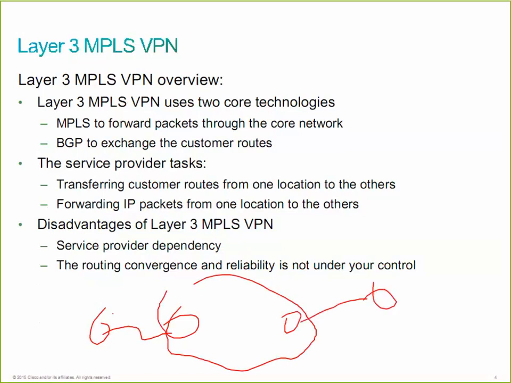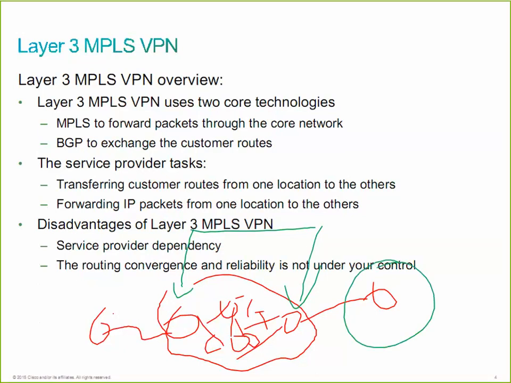You've got a bunch of routers in between that are connected, and that's where your MPLS is running. But then you've got this MPBGP that is running between this router and this router. And the whole goal of MPBGP in this case is to exchange routes learned from this customer edge router over to this customer edge router.